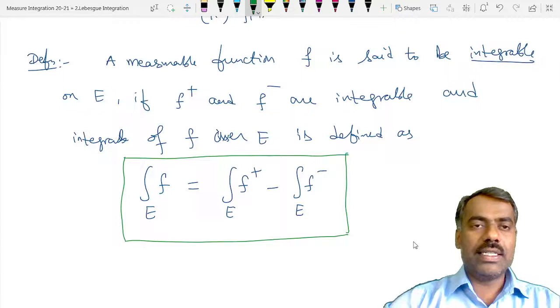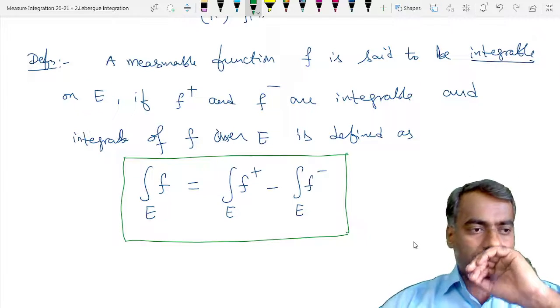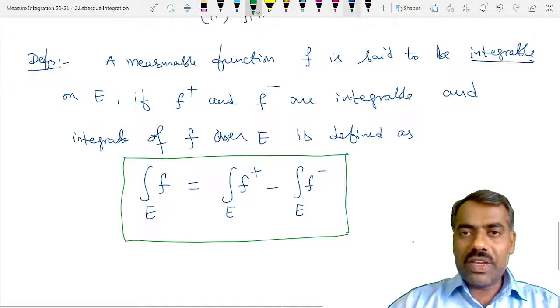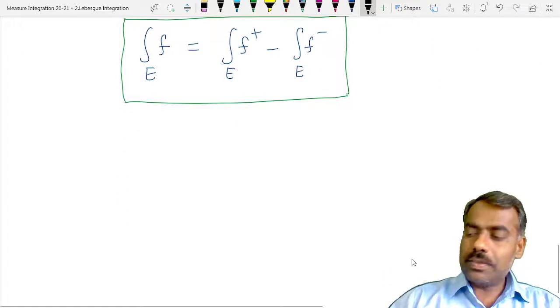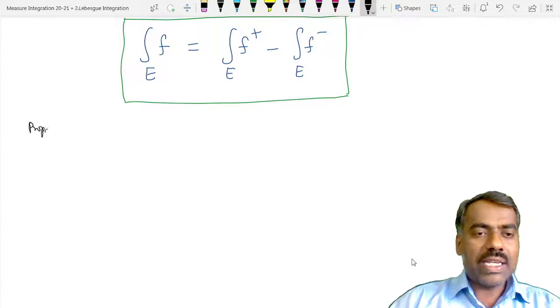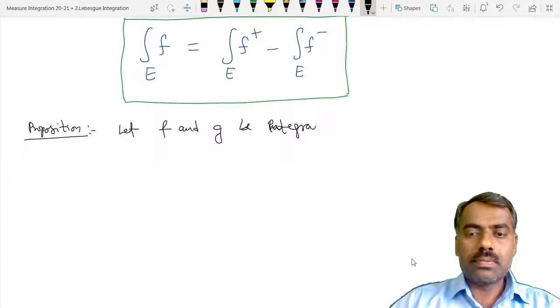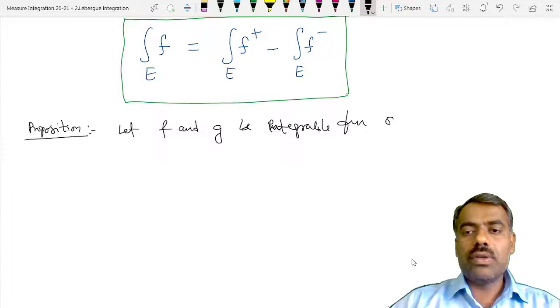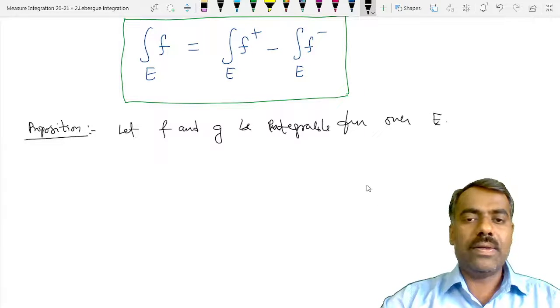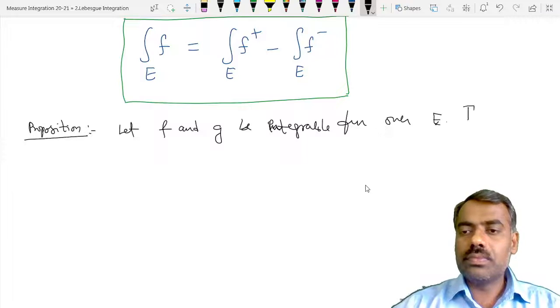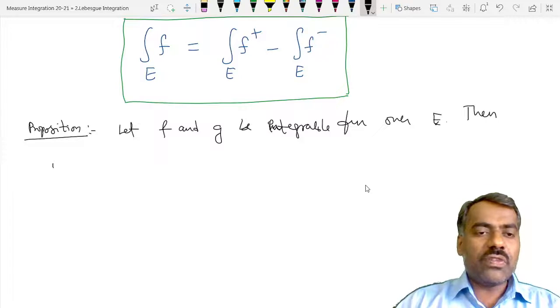Okay. Now we can see some simple properties for this integration of f, where f is any measurable function, right? For whatever we have seen, the same you can prove. So you can write as a proposition: let f and g be integrable functions over a set E, where E is a measurable set. Then, what are all the arithmetic properties so far we have seen?